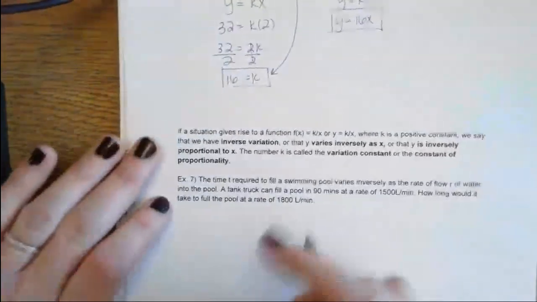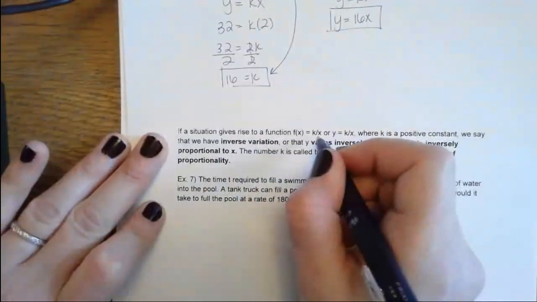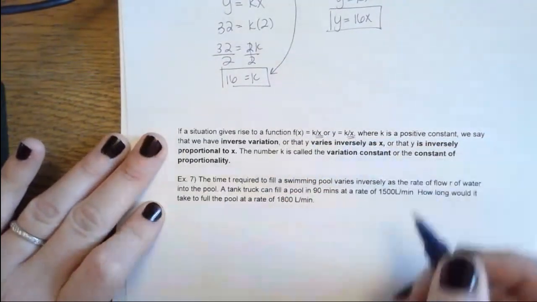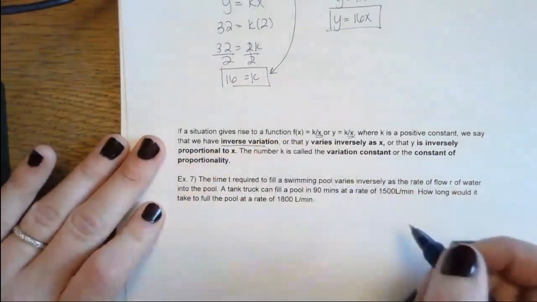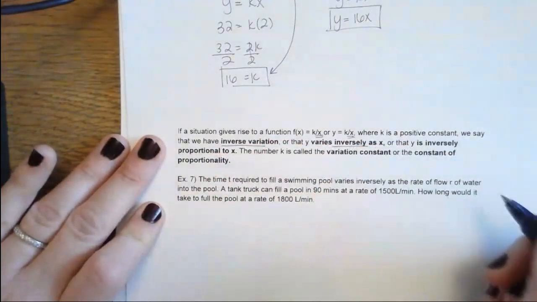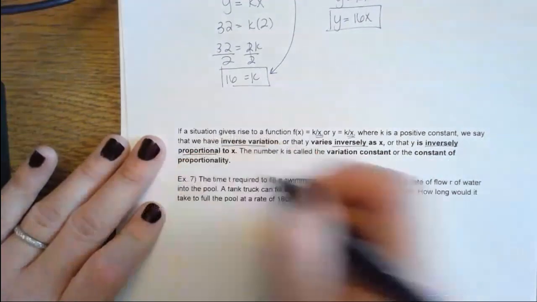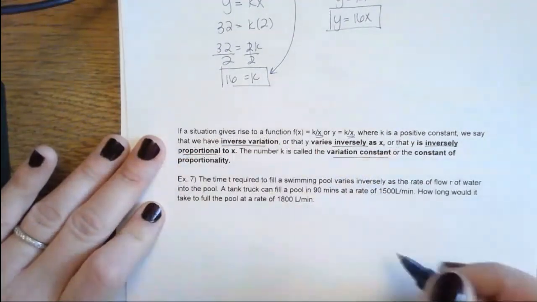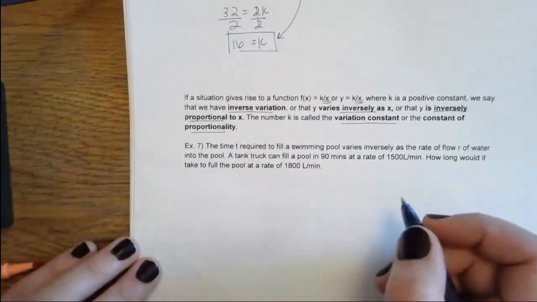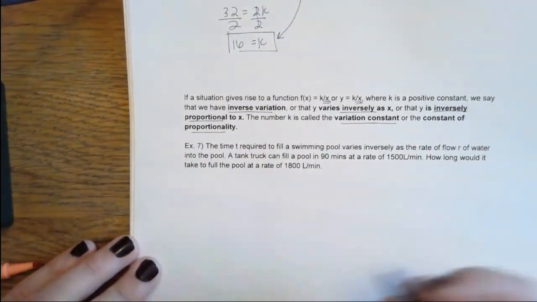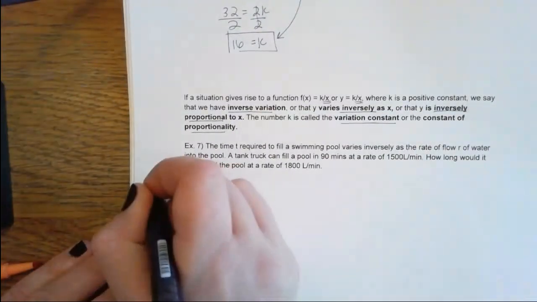There's also indirect or inverse variation. In that case, you have this division where x is in the denominator instead. So you'll hear inverse variation, y varies inversely, y is inversely proportional. K is still called the same thing, the variation constant. As we go through these, there is a process you want to follow.